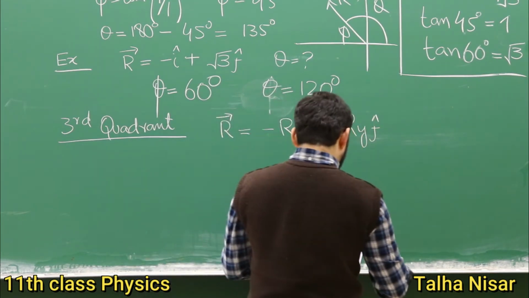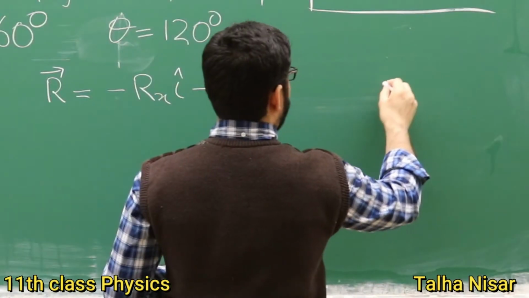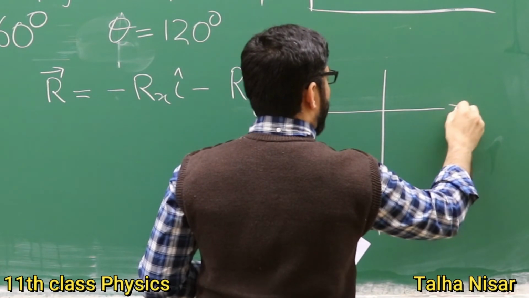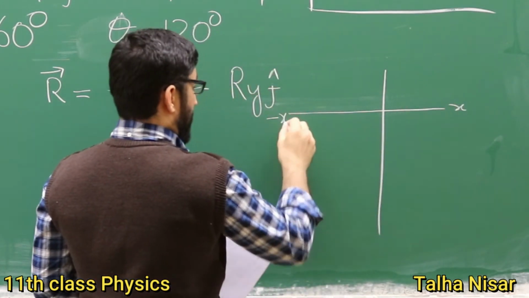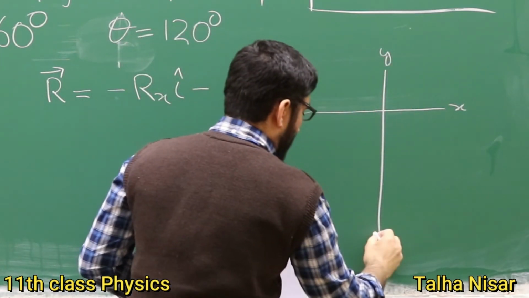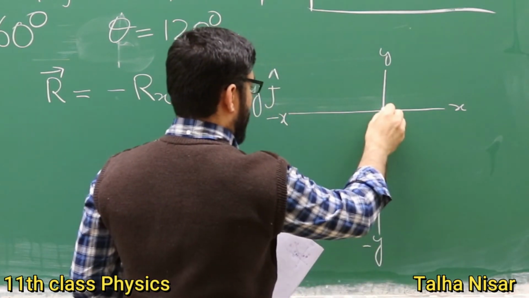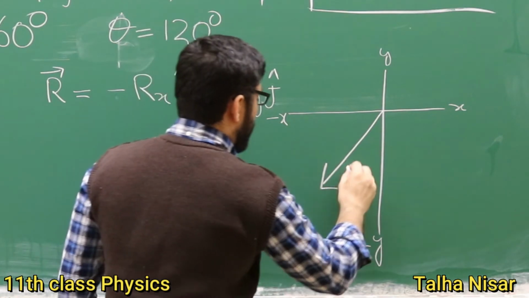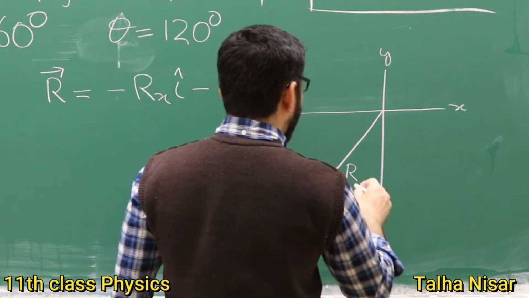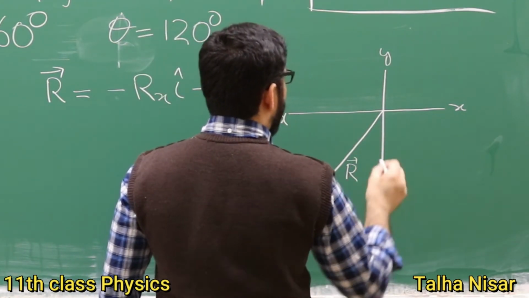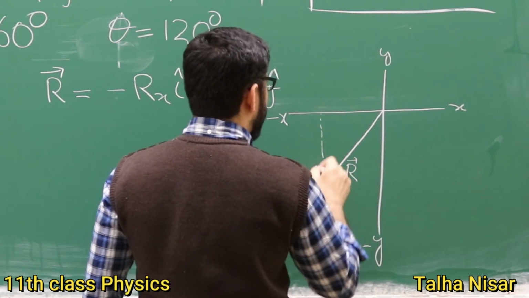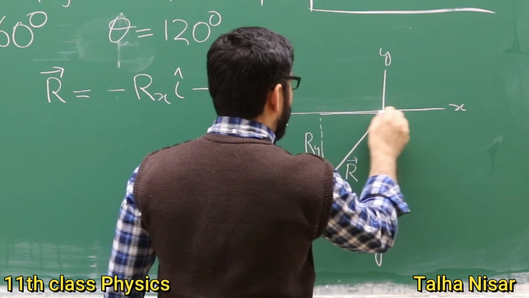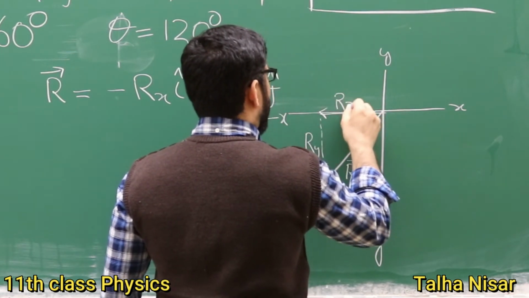So let's draw: here is the positive x, we have the negative x, we have the positive y, and we have the negative y. So this is the resultant vector, and when we split it, this is our ry, and this one here is our rx.